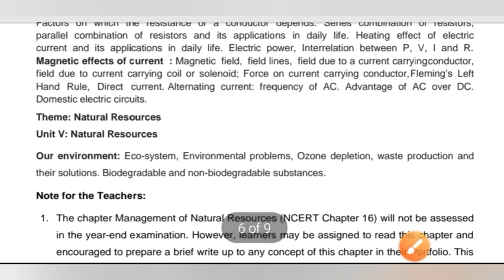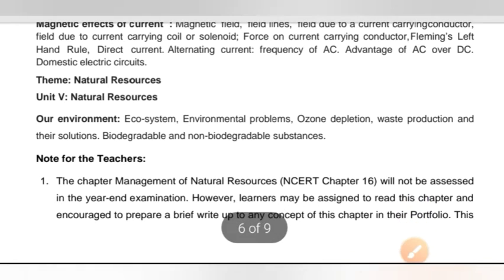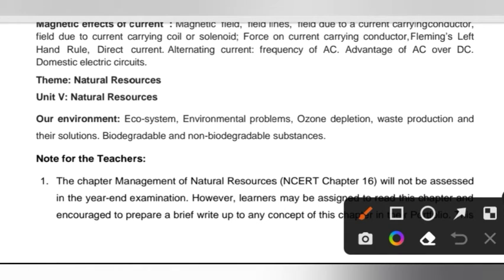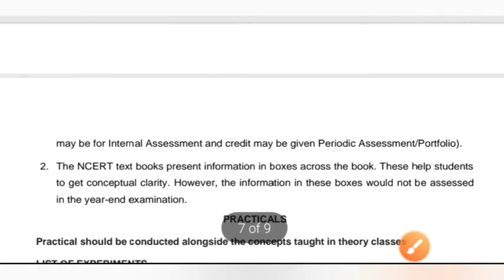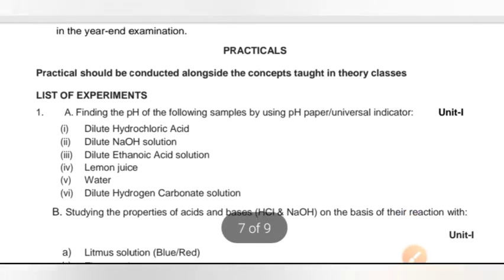And in the last, natural resources that involve our ecosystem, environmental problems, ozone depletion, waste production, solutions, biodegradable and non-biodegradable substances. Note for teachers: practical.